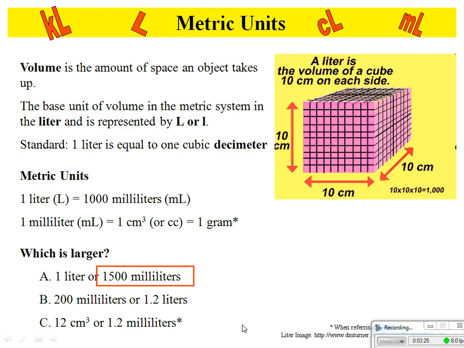Question B, 200 milliliters or 1.2 liters? 1.2 liters. And question C, you had to refer back up to the 1 milliliter equals 1 cubic centimeter or 1 gram. So letter C is asking 12 cubic centimeters or 1.2 milliliters. And the answer is 12 cubic centimeters.